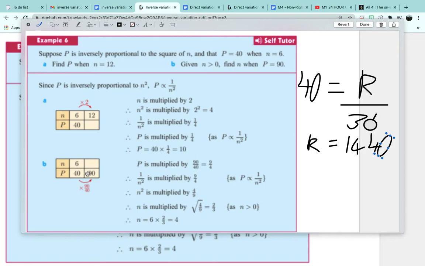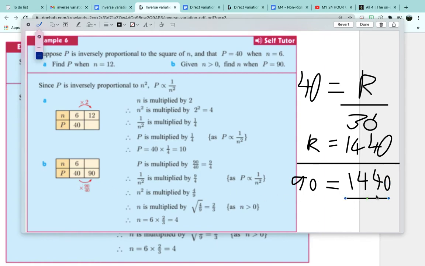Then all we need to do is substitute it into our equation. This time we're going to substitute in P. So P is 90. K, which we're going to substitute in for the numerator, is 1,440. And then we need to calculate out what n squared is.